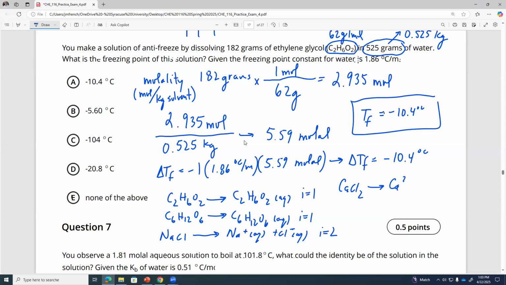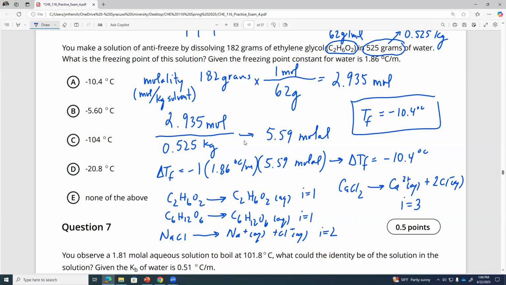That ionizes and gives you calcium 2+, 2 chlorides. That would be a Van't Hoff factor of 3, because I go from 1 solid calcium chloride to now 3 separate things in solution: 1 calcium and 2 separate chlorides.